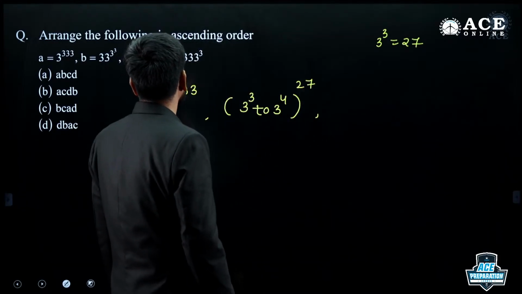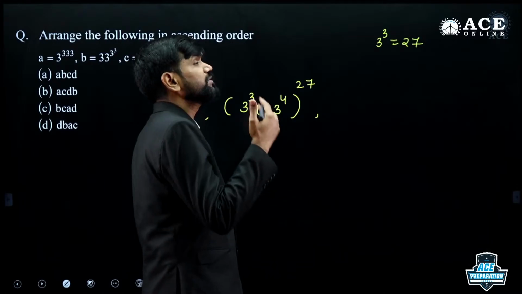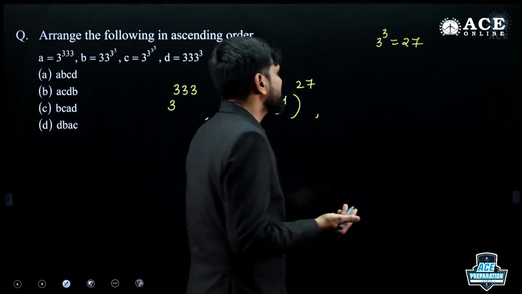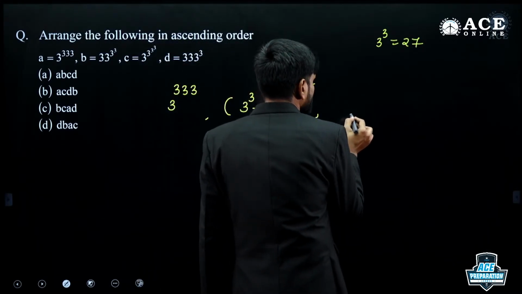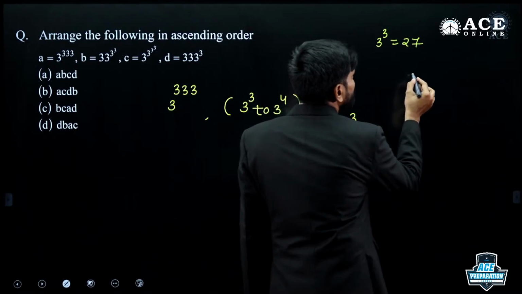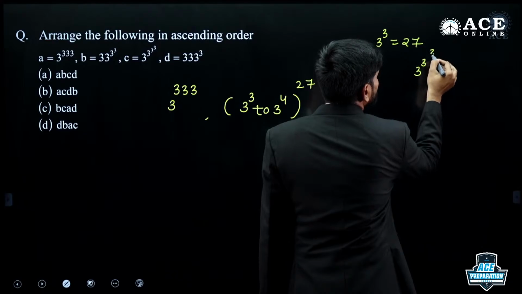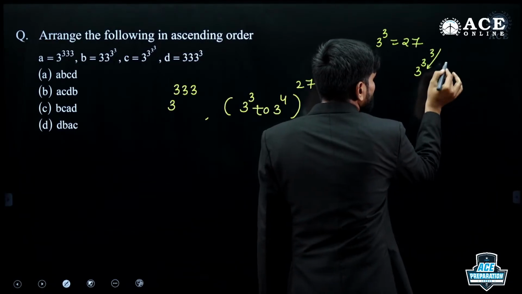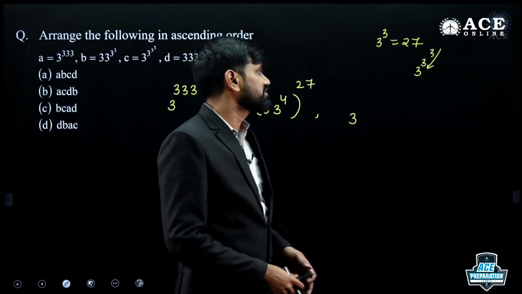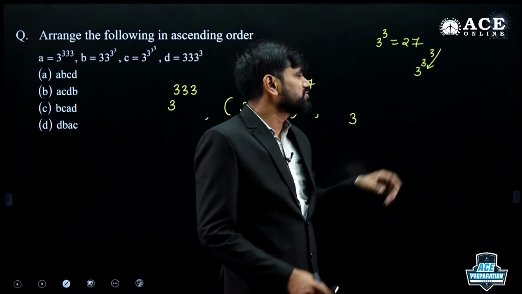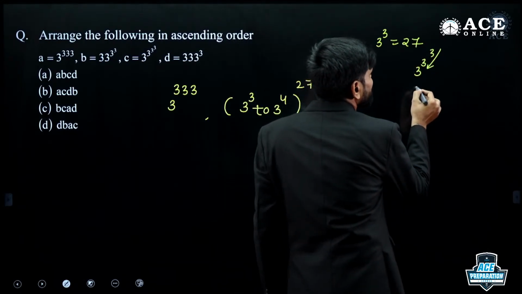Next, the third one, 3 to the power of 3 to the power of 3. That is a very big number, I can say. So this is 3 power 3 power 3. You have to come from that end. Whenever you have it like this, you have to take this first. 3 cube is 27, so that is equal to 3 power 27.